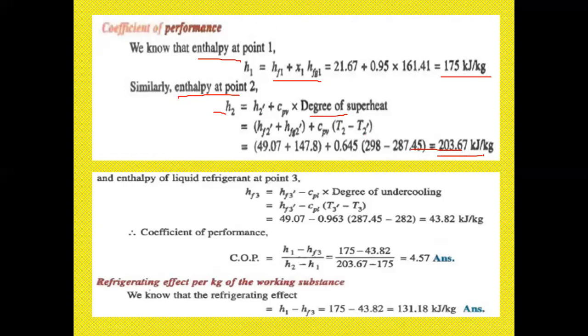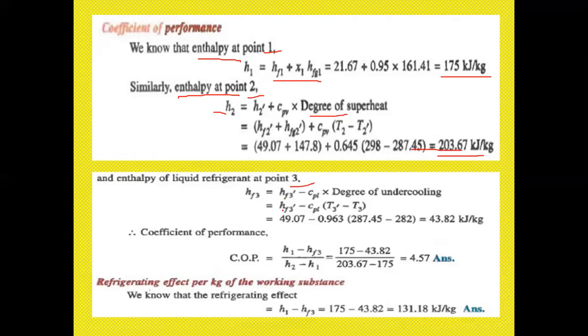Next, the enthalpy at point 3. Point 1 is done, point 2 is done, now point 3. Therefore HF3 is equal to HF3 dash minus Cp into degree of undercooling.